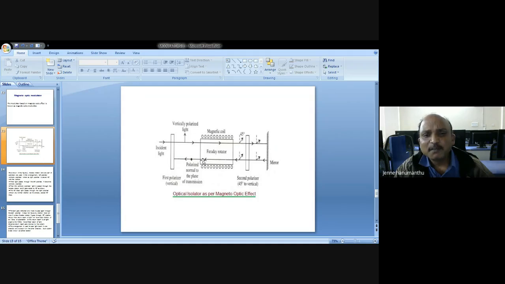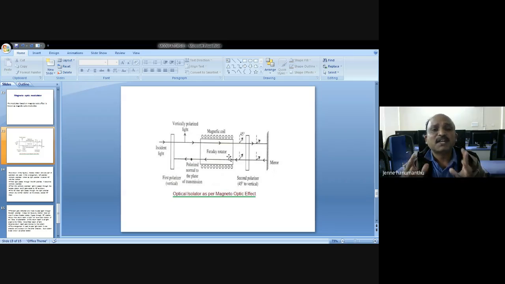How do we get the Faraday rotator? Because of the magnetic principle, by changing the electrical voltage to this structure, we can control the polarized light of the laser beam. We can change phase, we can change polarizations, isn't it? So these parameters are going to be changed because of magnetic principles.